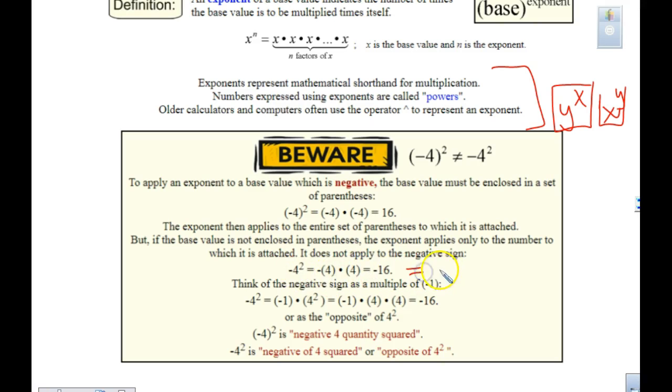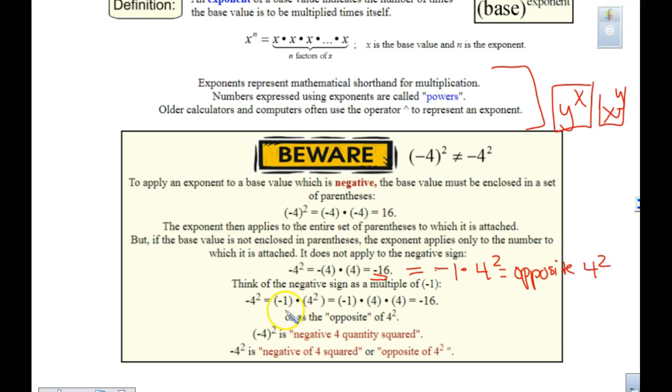So right behind this one, if you would please put the -1 times 4 to the second, which means the opposite of 4 to the second. That's how they got -16, because it's the opposite of 4 to the second.